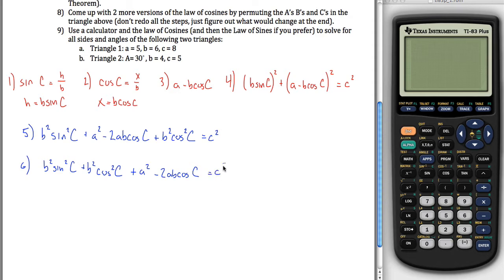So all I did so far is rewrite this in a different order so that the terms with b squared are next to each other, because then it's easier to see what happens when I factor out a b squared. I get sine squared of c left in the first term and cosine squared of c left in the second term. Then I can leave all this mess alone.